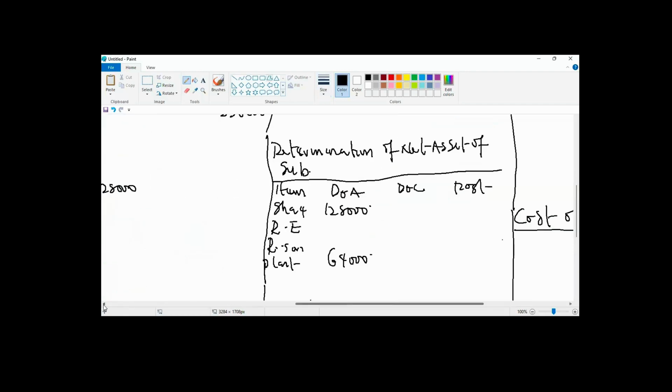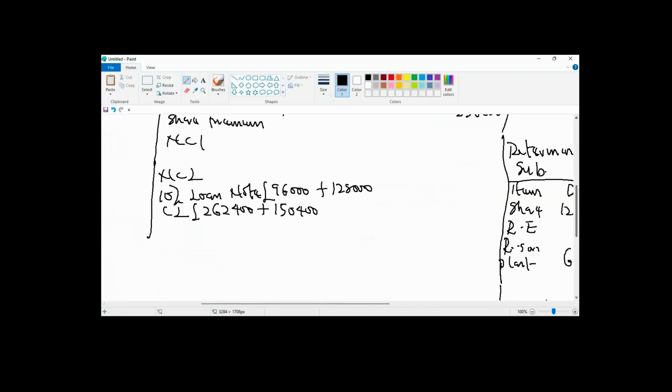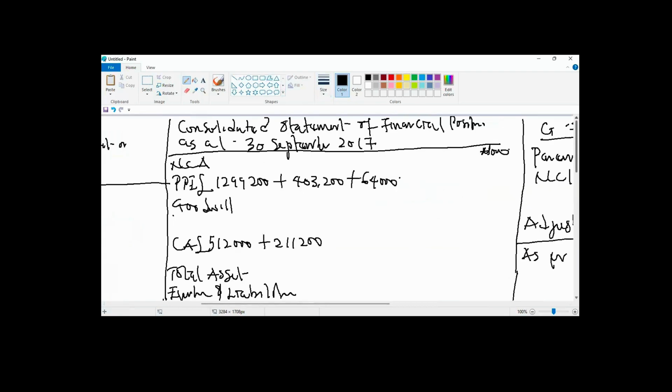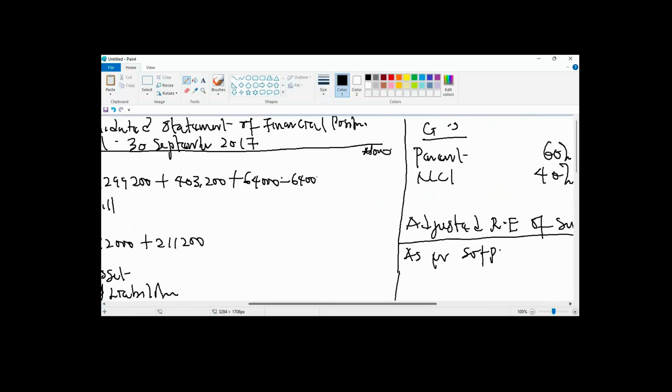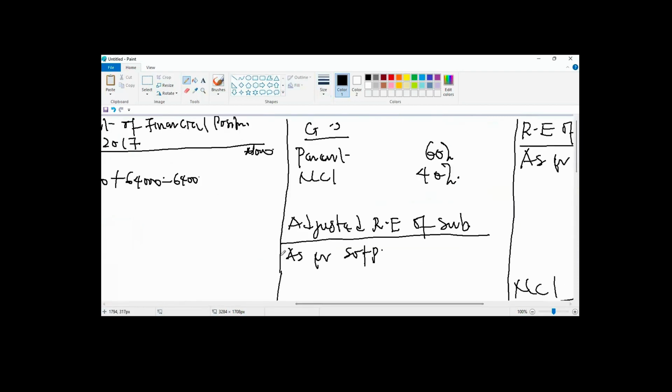BP, adjusted retained earnings, depreciation.